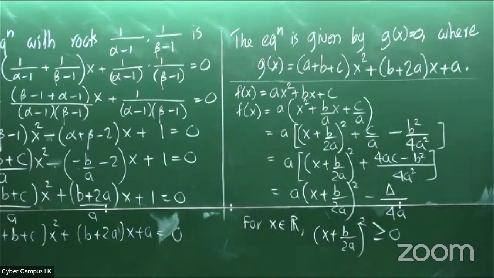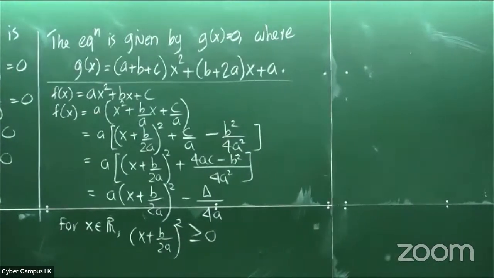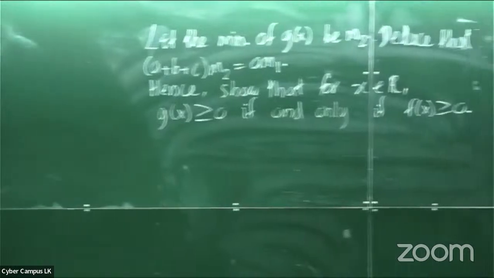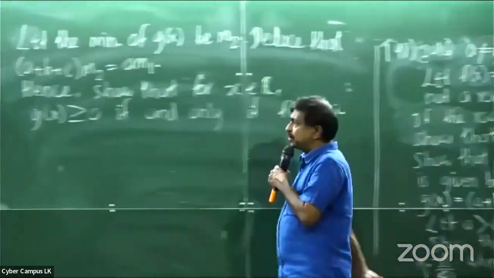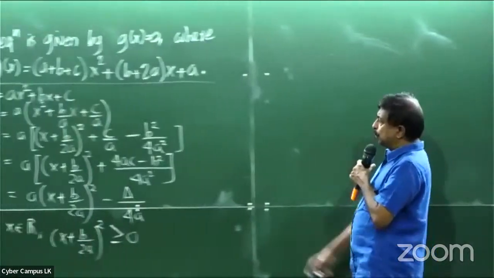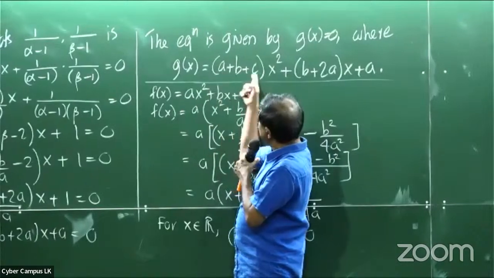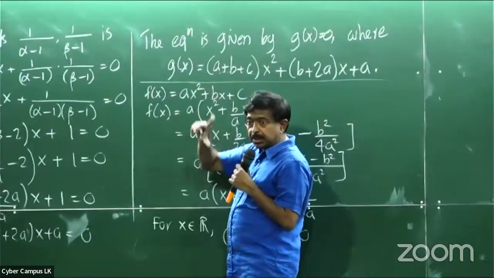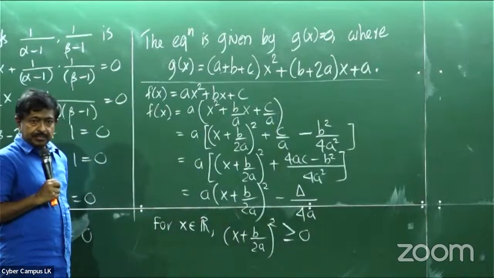Now it's given that a is greater than 0 and a plus b plus c is also greater than 0. That means the coefficient of x squared of fx is greater than 0 and this is also greater than 0. That means both have minimums.